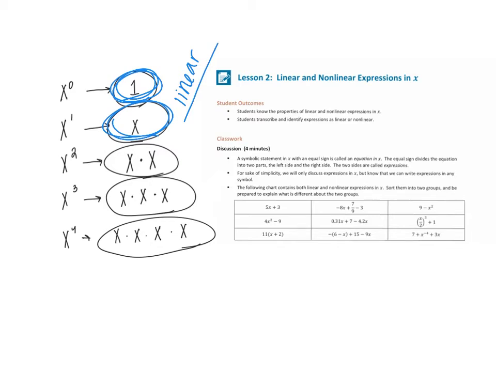It will make a line when we graph it, which we will eventually do down the road, okay? Anything that has an exponent of 2 or more, or a negative exponent, is going to be nonlinear. It is not going to form a line. So this is the rule that we're going to use today. We're going to do a little discussion right now and show you some examples.